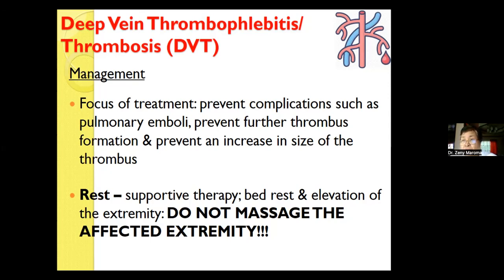It now becomes an embolus. So kinabukasan on the 11th day, the patient experienced severe chest pain and difficulty of breathing. Nagkaroon ng pulmonary embolism. Yun ang greatest threat, no, to the patient na may DVT. Kaya, just elevate the extremity but do not massage.